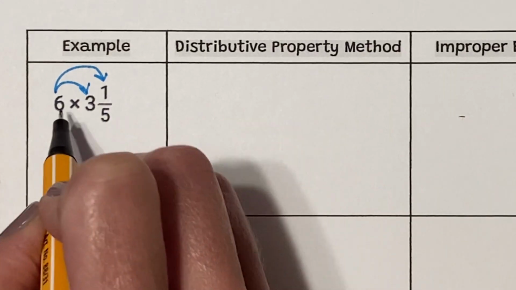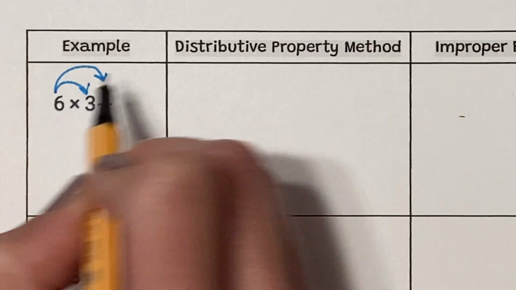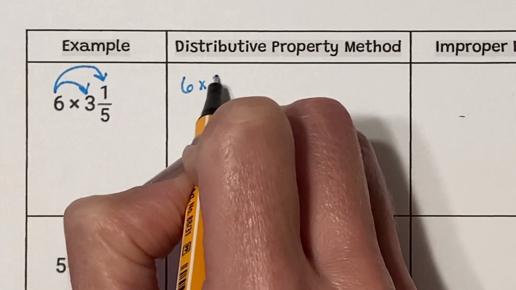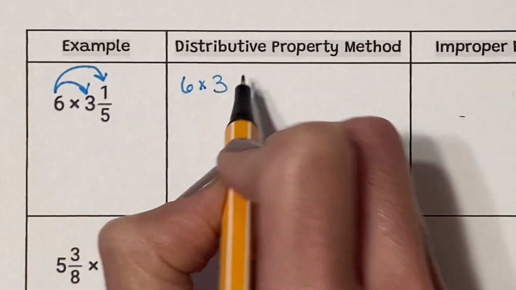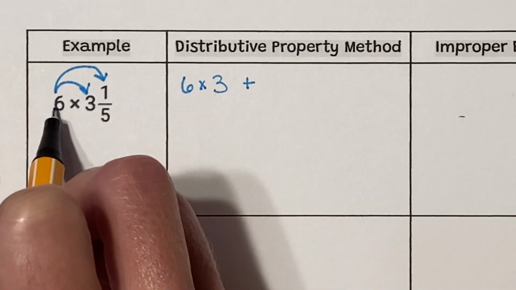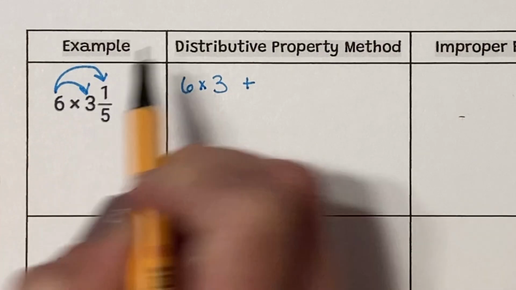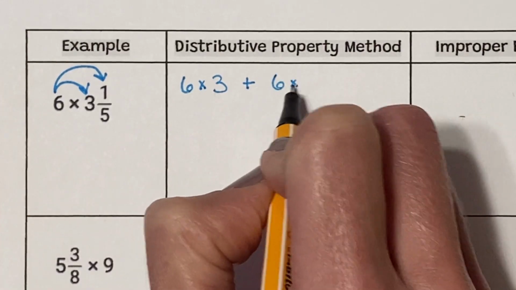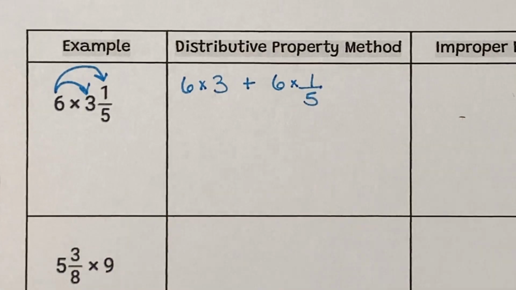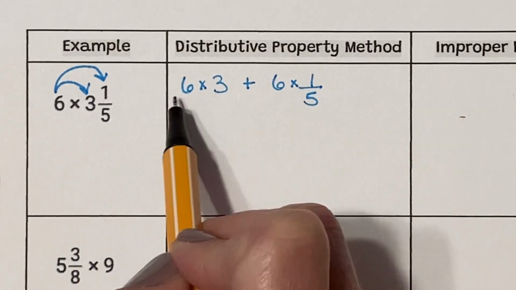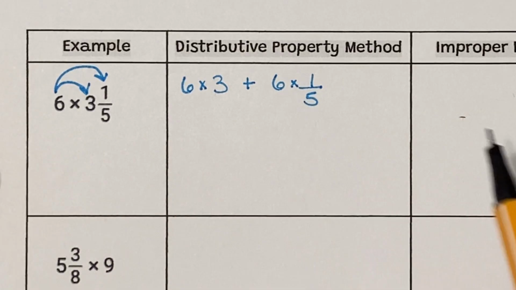So how that looks is, I'm going to multiply my whole numbers together, 6 times 3, and then I'm going to add to that my whole number times my fractional amount, 6 times 1/5. Okay, so wholes, and then my whole times my fractional amount.